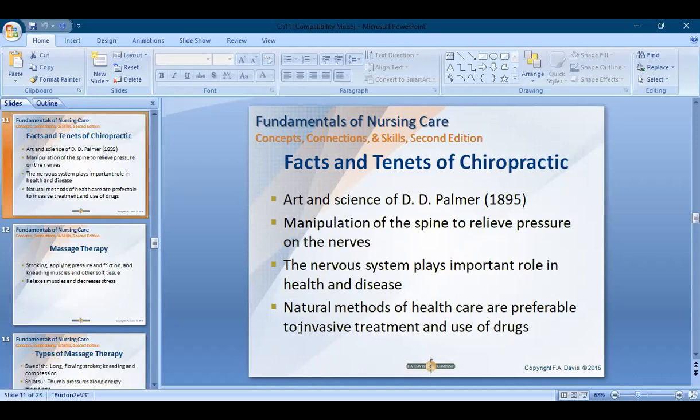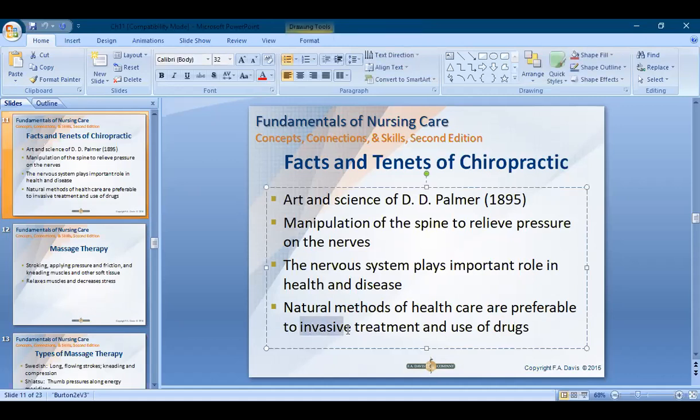Keep in mind, invasive treatment, while there is also non-invasive. This invasive and non-invasive terminology is used in several medical fields, like invasive surgical procedure, non-invasive surgical procedure.